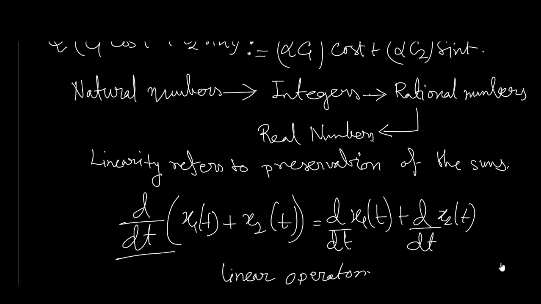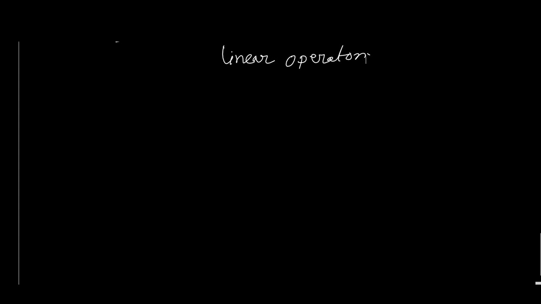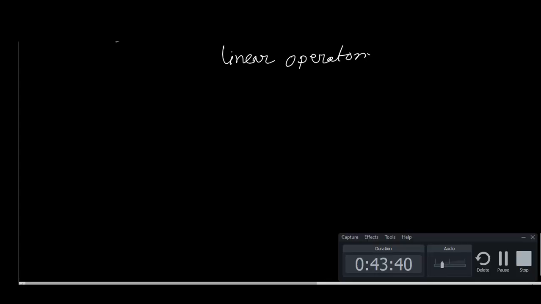But in order to make sense of it, we need to equip the notion of product, the product of scalar 2 with your vector x, right? Now we are ready to have the formal definition of vector space.